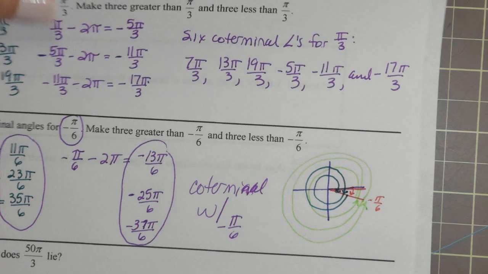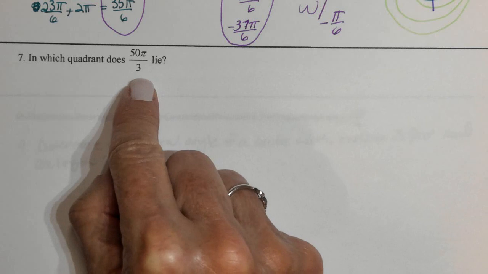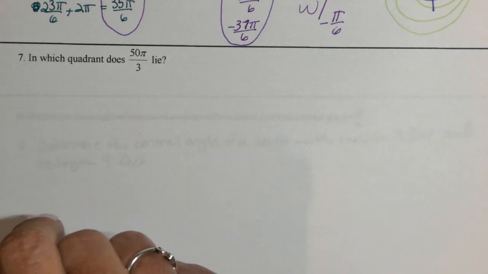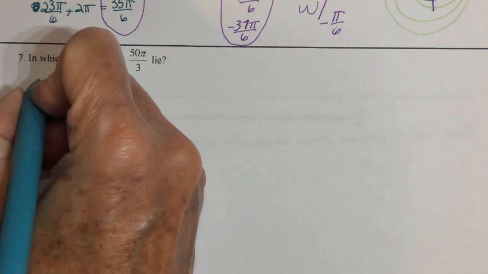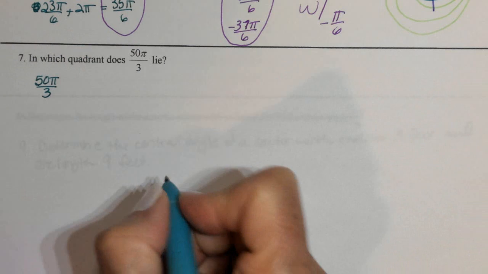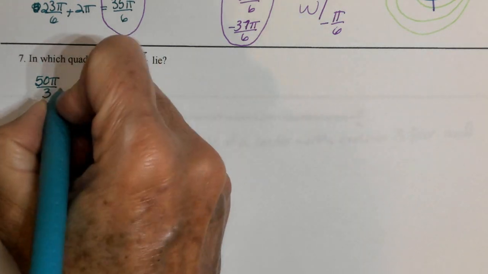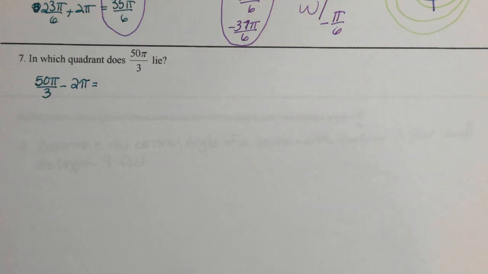Coterminal angles. In which quadrant does 50 pi over 3 lie? In which quadrant? Well, I could do this the long way and subtract 2 pi and keep subtracting 2 pi until this is within 0 to 2 pi.